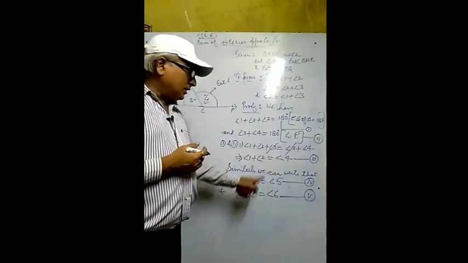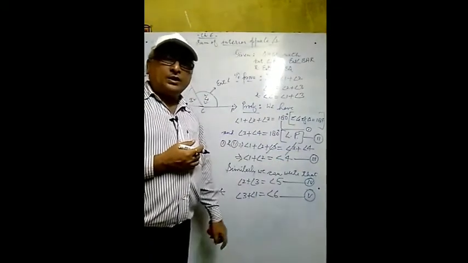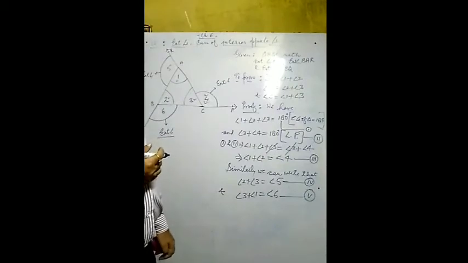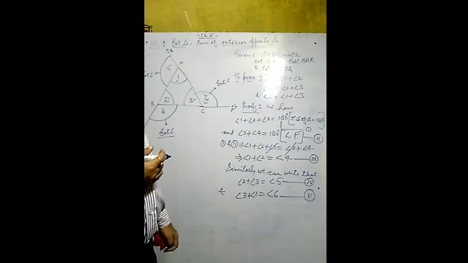This theorem implies equations 3, 4 and 5. All these equations are implying what? An exterior angle is always equal to the sum of interior opposite angles.